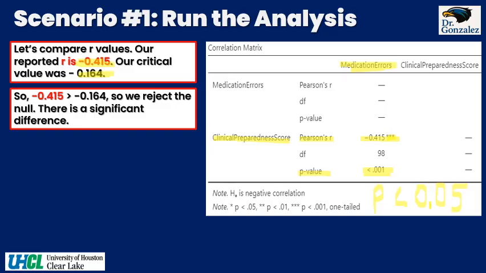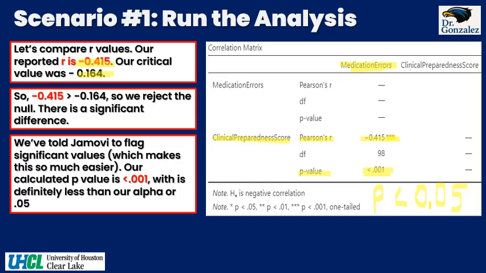So that's why when you're using Jamovi, I want you to use the flagged significant values because it's much easier. We got a calculated R right here, and we can correlate that to a p-value of less than 0.001, which is definitely less than our alpha level of 0.05.